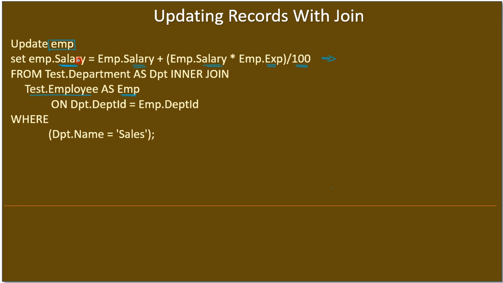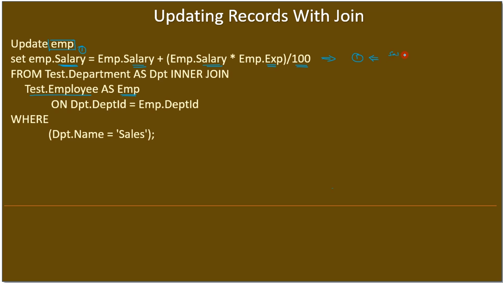So the column we are updating is salary, and that is coming from the employee table, and the update takes place based on an expression. The percentage is calculated in terms of salary by experience.